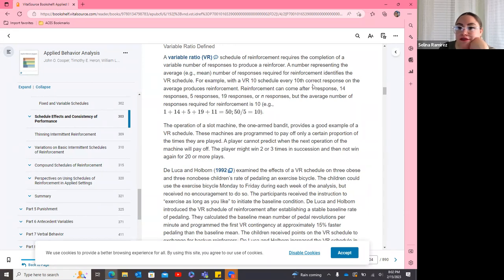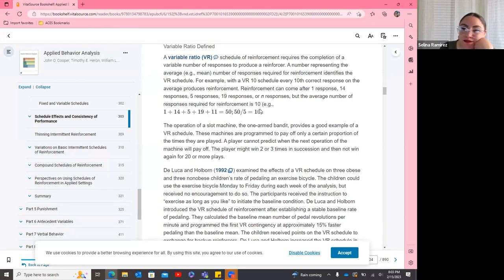Reinforcement can come after 1 response, 14 responses, 5 responses, 19 responses, or n responses, but the average number of responses required for reinforcement is 10. So that is what Eileen was explaining, where there's actually math behind it.